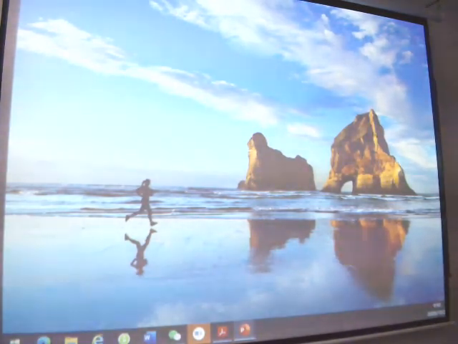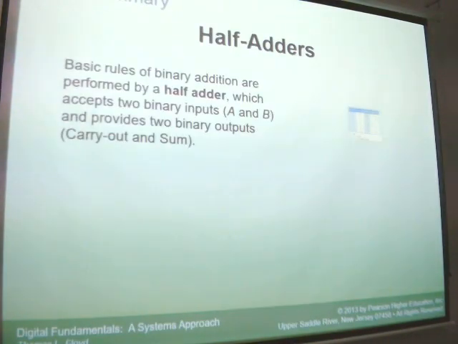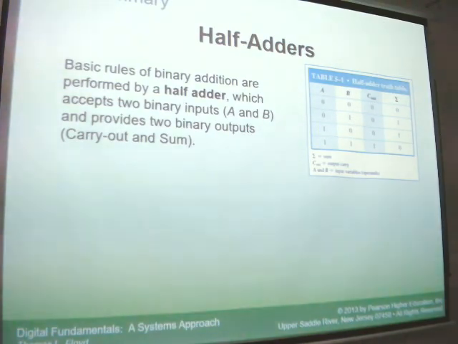Okay, 10 minutes. So we continue to learn chapter 6, functions of combinational logic: half adders, encoder, decoder.